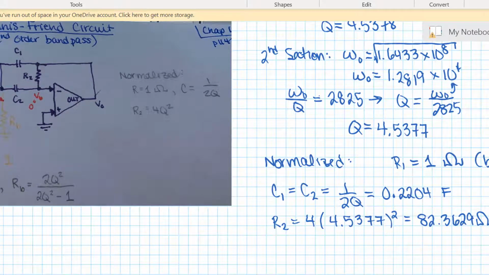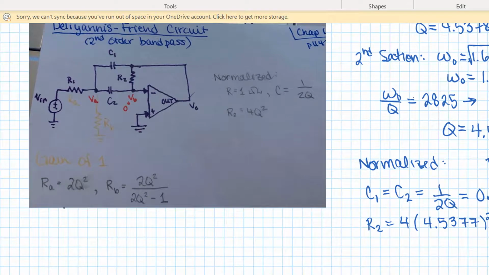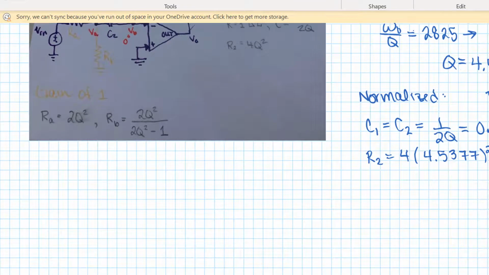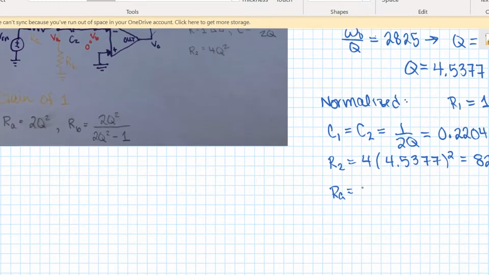And then to make it have a gain of 1, we have to find R sub little a and R sub little b. R sub a is 2Q squared, so it would be half of what I just found, because I just found 4Q squared. So this is 1/2 R2, which is 41.1814.